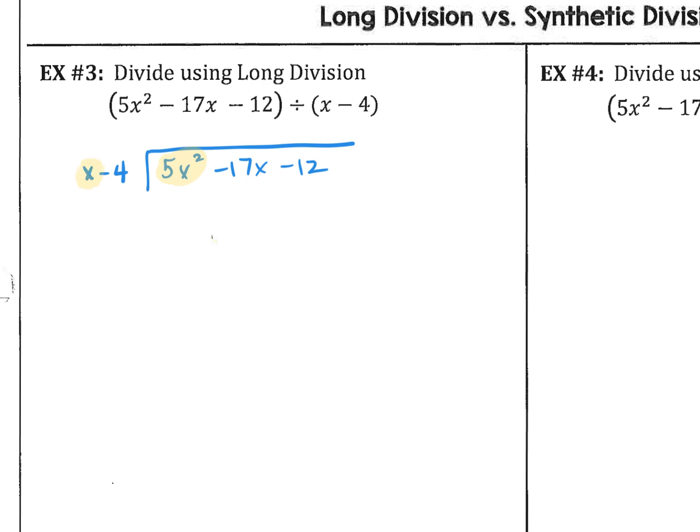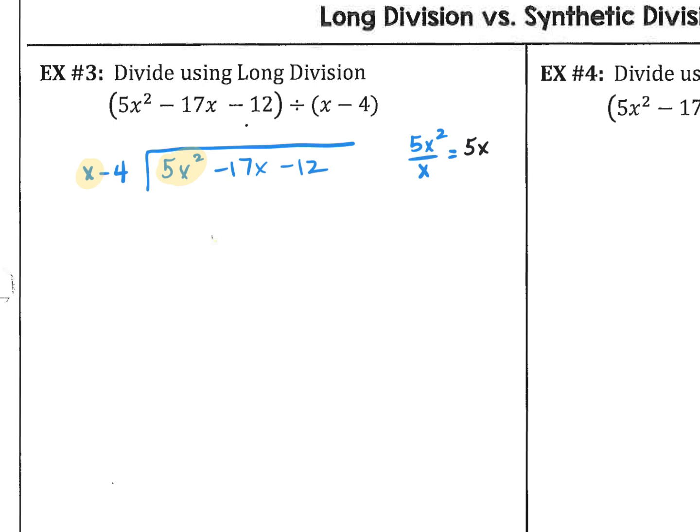I'm just going to go straight over here and say, all right, 5x squared divided by x. How many times will x go into 5x squared? Just simplify that expression. If you had to simplify 5x squared over x, what would you get? Yeah, 5x.